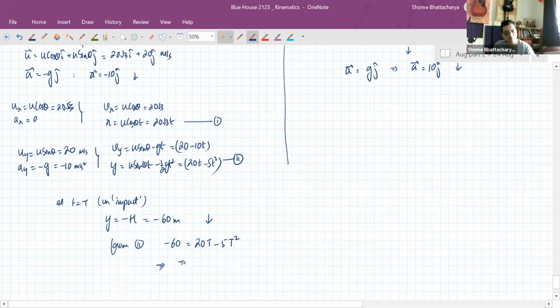So just divide the equation by 5, okay, and transfer the terms a little bit. So we will get this.